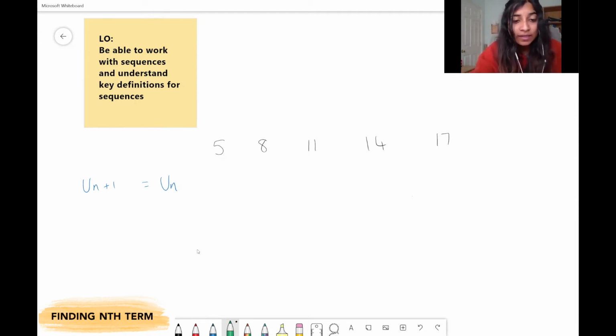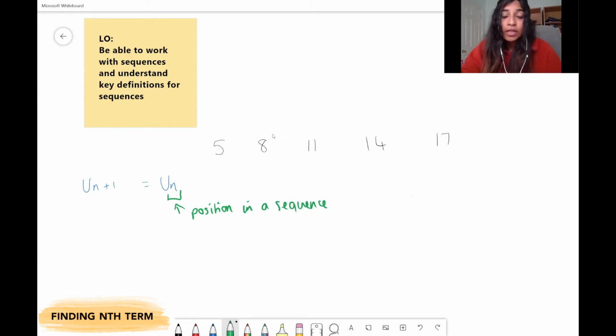The notation here is that n is always the position in the sequence. If you wanted to find the recurrence relationship of this sequence, you know you just have to add 3 to get to the next term.